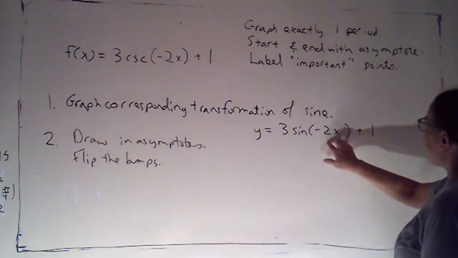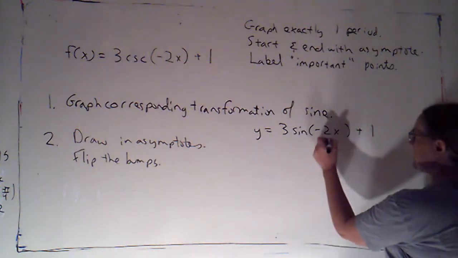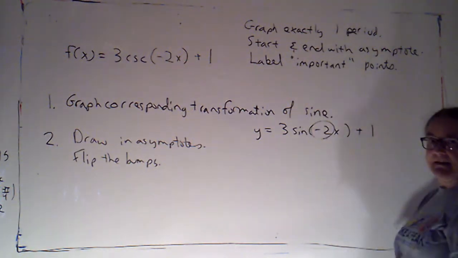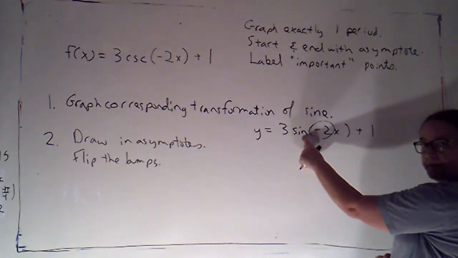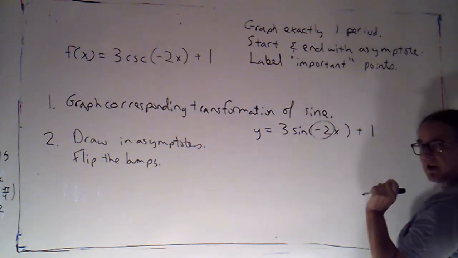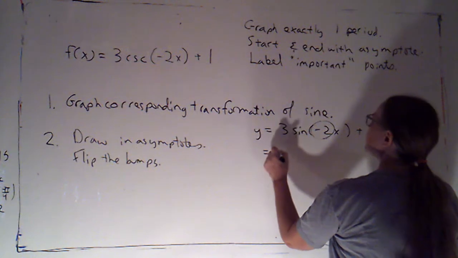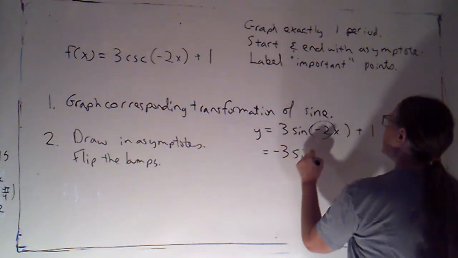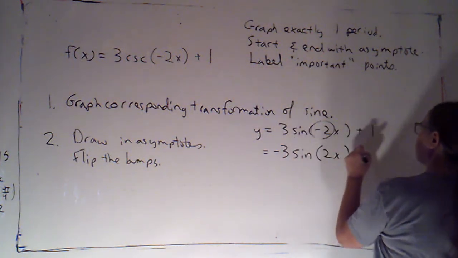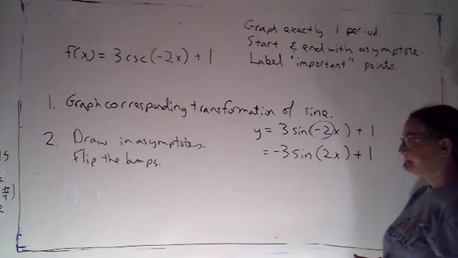All right, so if I want to graph this, first thing I'm going to notice is, ooh, there's a negative in there. Now this was sine. Sine is an odd function. Opposite input gives me the opposite output. So this is the same as negative 3 sine of 2x plus 1.